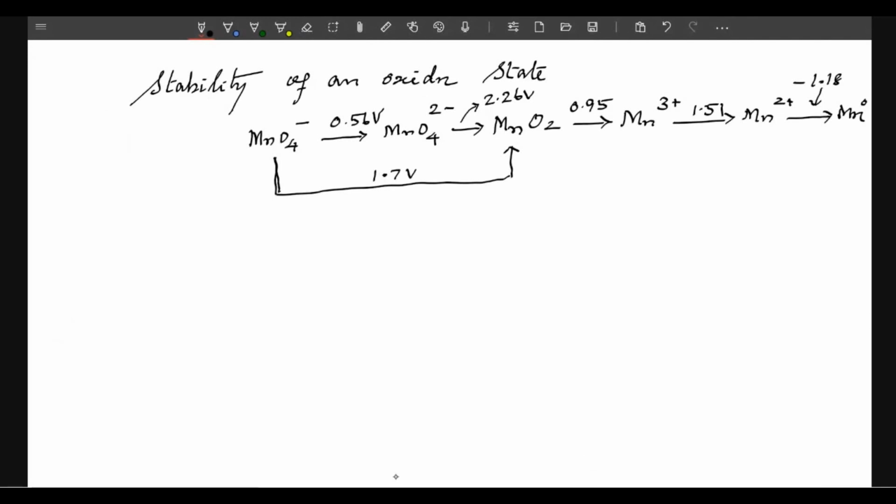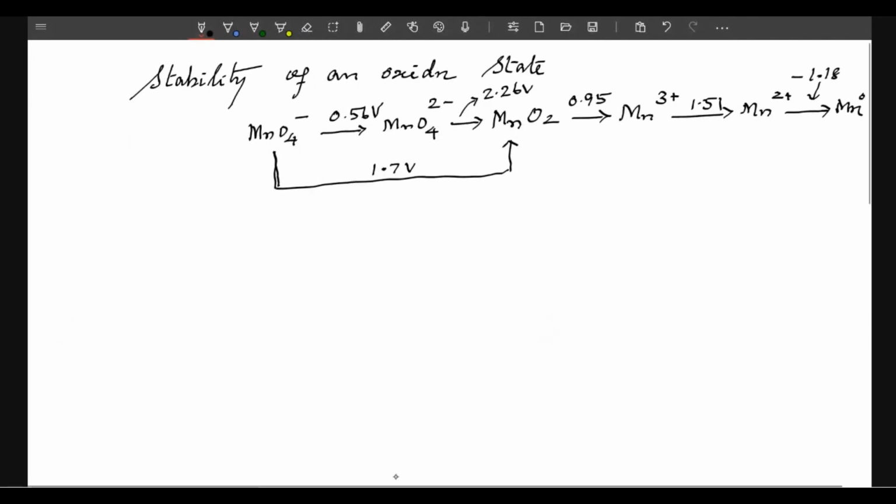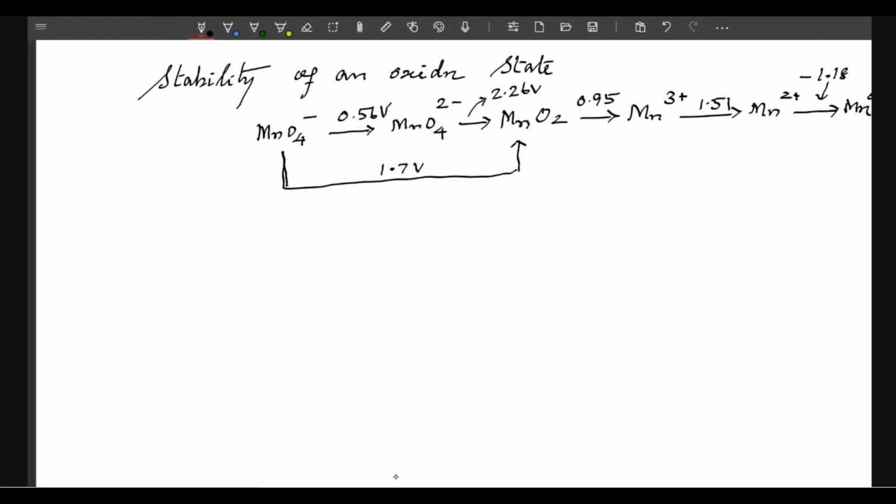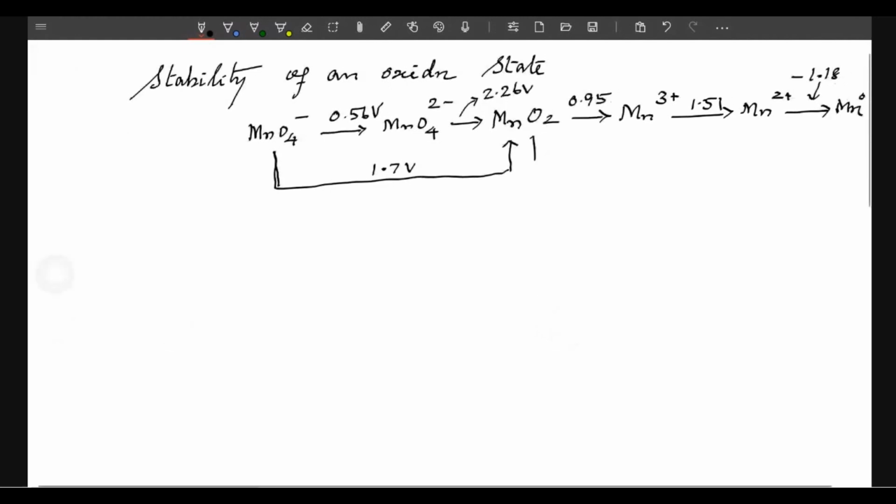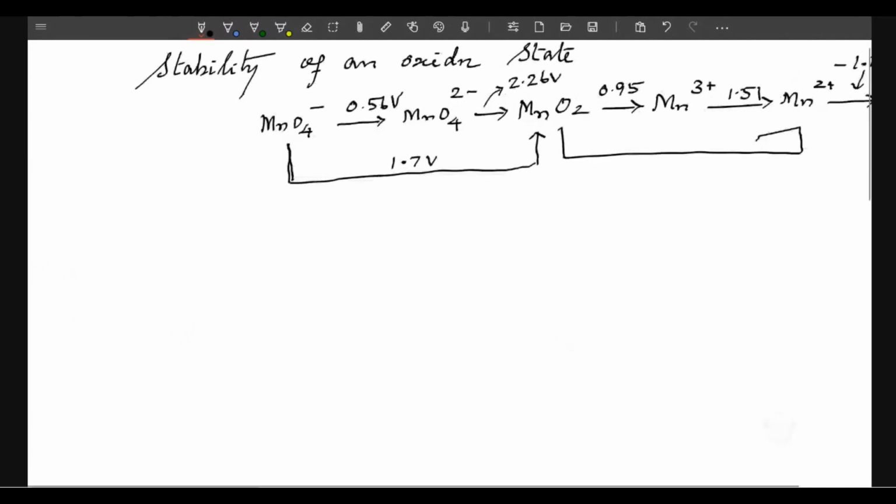Similarly, when +4 state is directly converted to +2 state, you can write down the arrow from +4 to +2 state, and the value is 1.36.